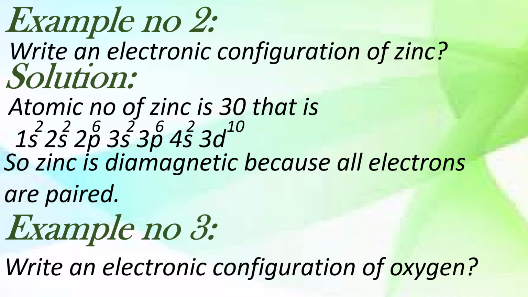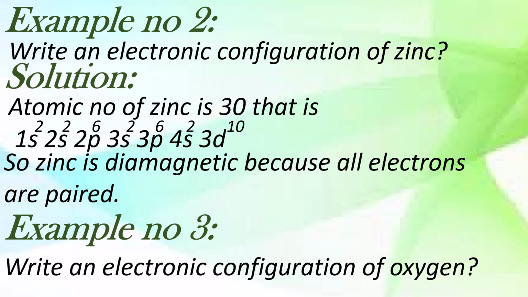Because the atomic number of zinc is 30, we will put electrons according to the subshell. Now, s orbital can hold 2 electrons, 1s2, 2s2, 2p6, p orbital can hold 6 electrons, 3s2, 3p6, 4s2, and 3d10. Total electrons we will count, it becomes 30.